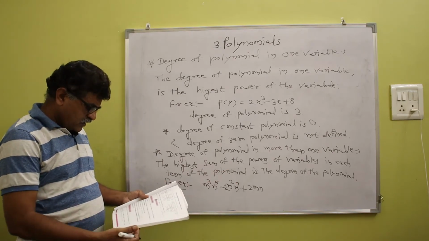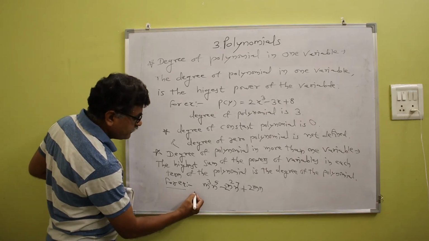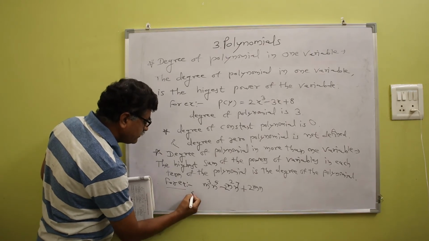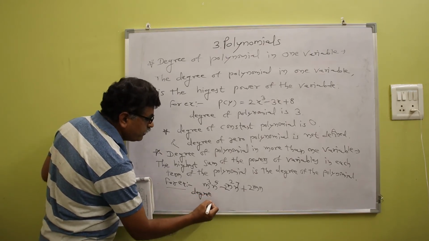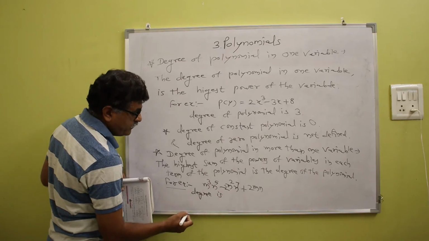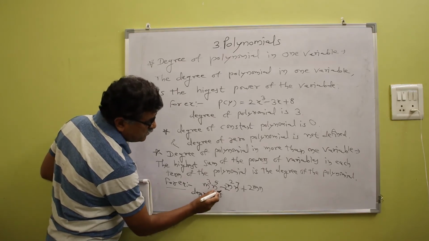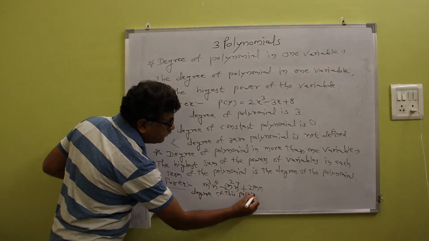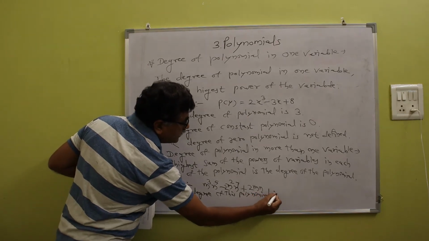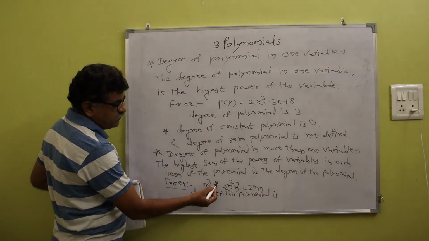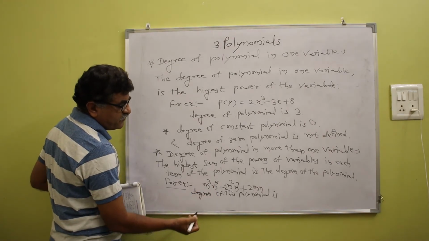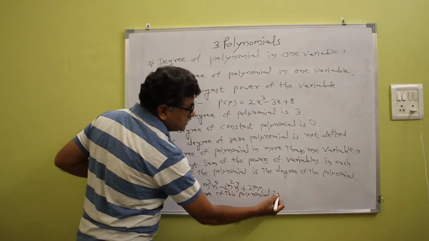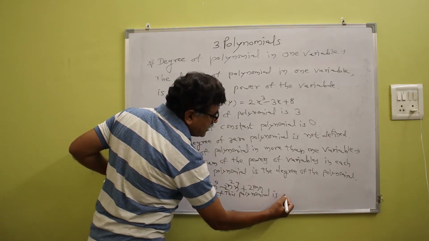Now here in this polynomial, the sum of the powers, here write down, degree of this polynomial is. Now here sum of the powers, that is 3 plus 5 is 8, 2 plus 7 is 9, 1 plus 1 is 2, that is, highest sum is 2 plus 7, 9.